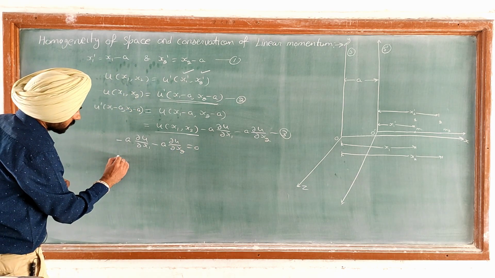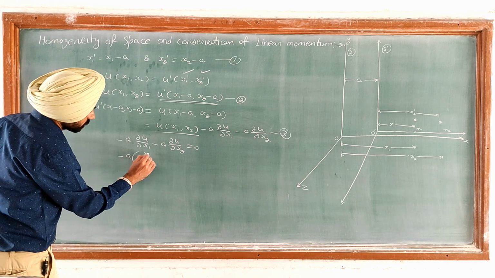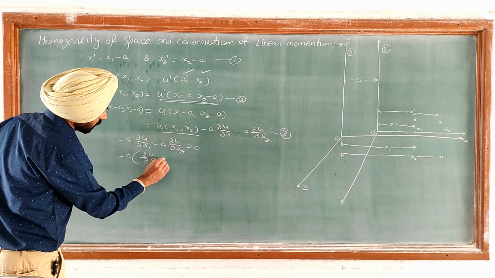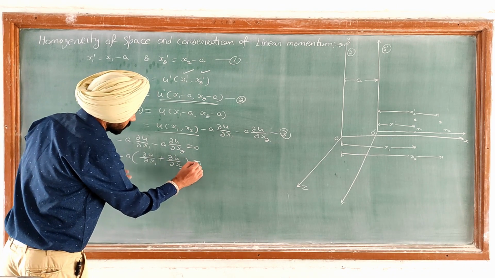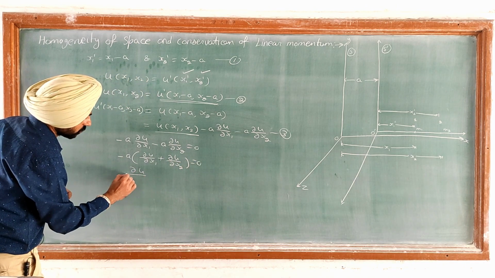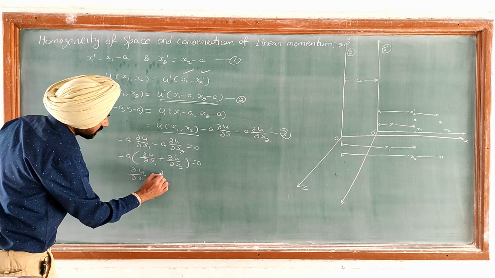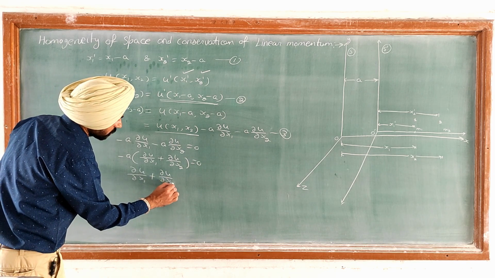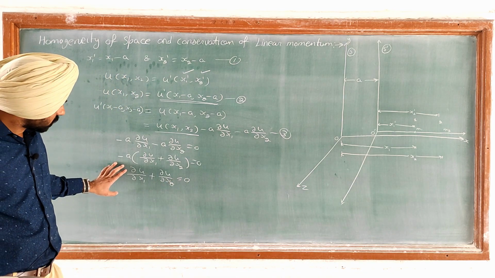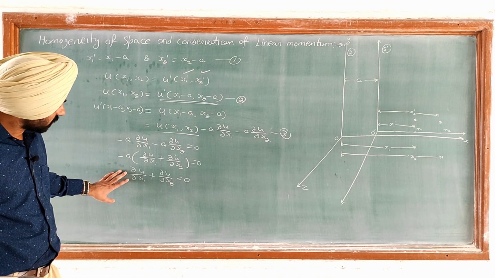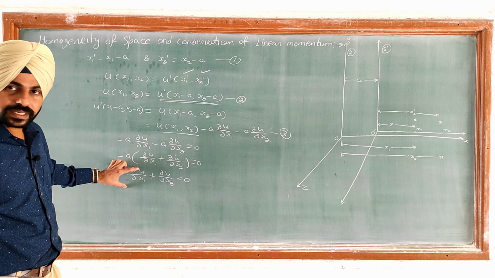Taking minus a as common, ∂U/∂x1 plus ∂U/∂x2 is equal to 0. So this can be written as ∂U/∂x1 plus ∂U/∂x2 is equal to 0.